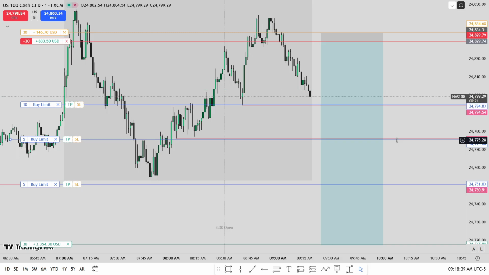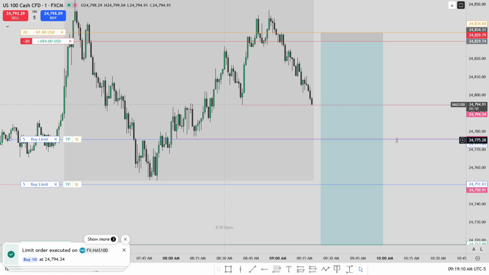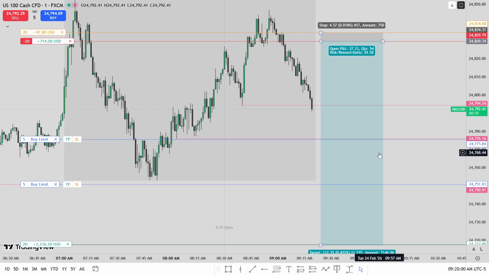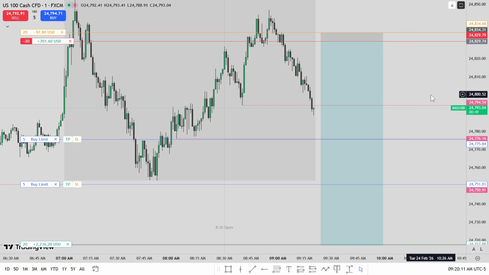Around 8:30 I did think price could push higher today, but I was really interested in lower prices on NQ. And as you can see, my first partial order got triggered at almost 36 points.